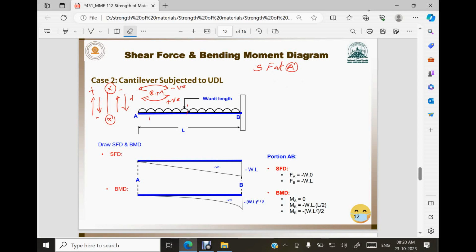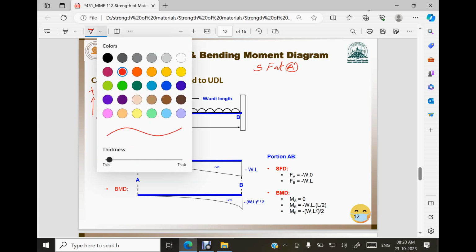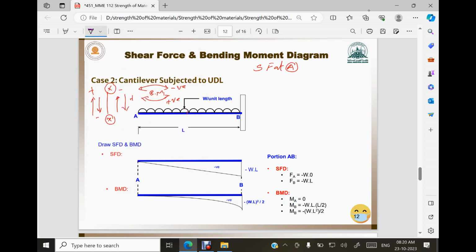At any point, if I write some line over here like this, XX. If I put XX, on the left side, you see shear force at XX is what?